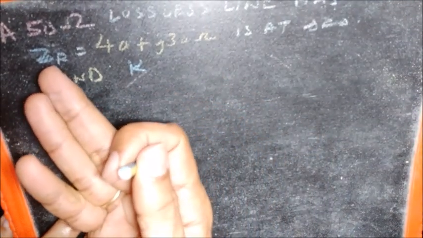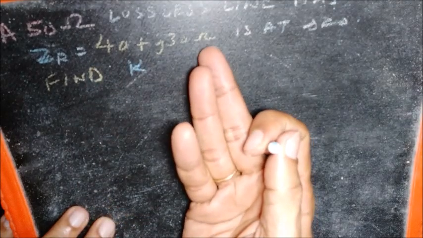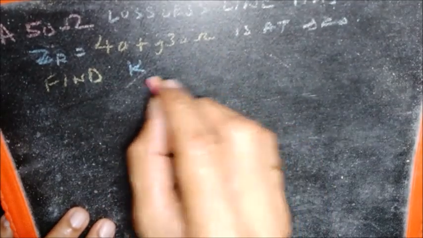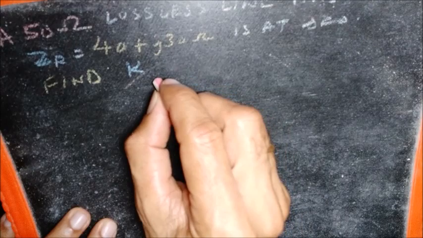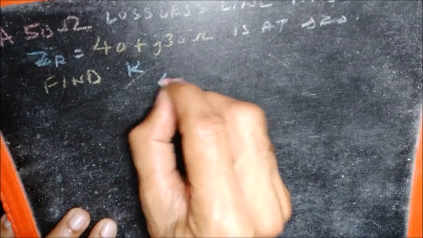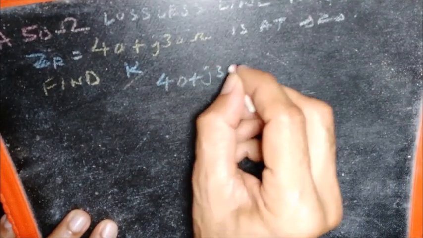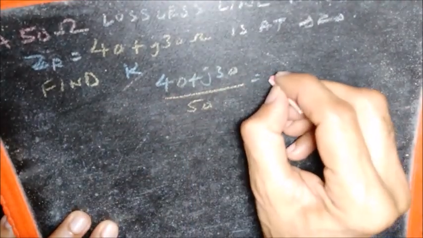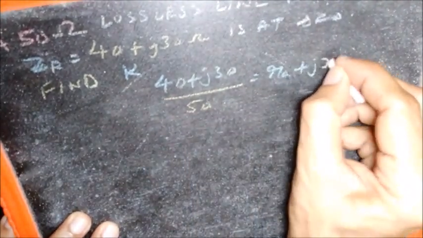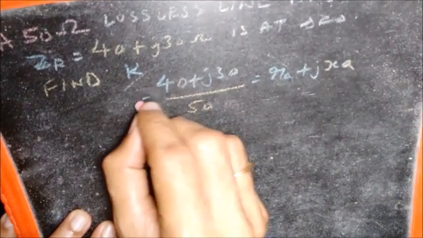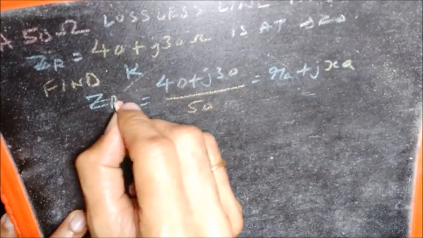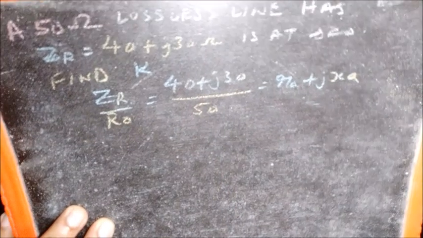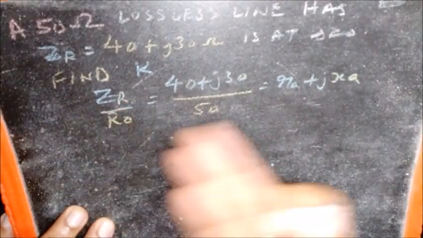So in general we take ZS at S equal to 0. ZS by R0 becomes ZR by R0. So we get (40 plus j30) by 50. This is ZS by R0, but at S equal to 0, that's all.